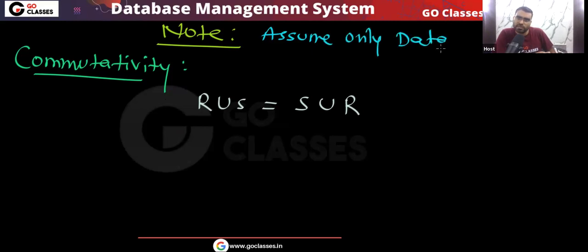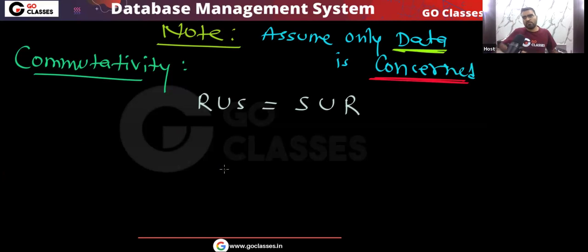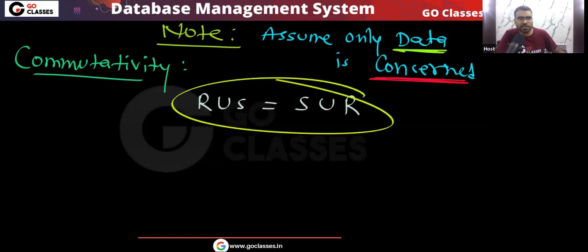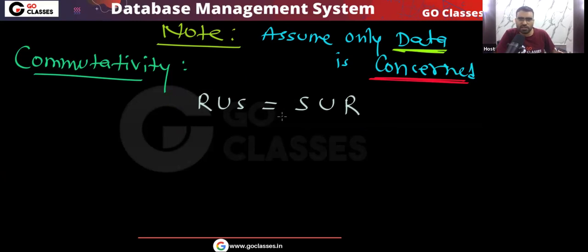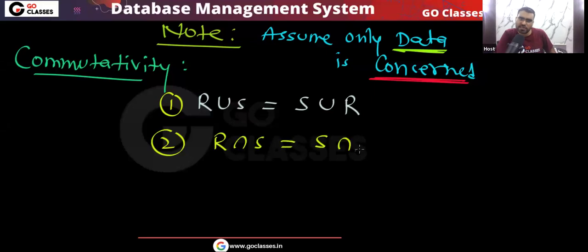Only data is concerned. Remember, most of the time we only care about the data. So if data is concerned, then can I say that R union S and S union R will be the same? Yes, they will be the same. What about R intersection S, S intersection R?